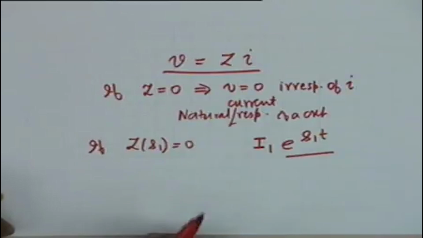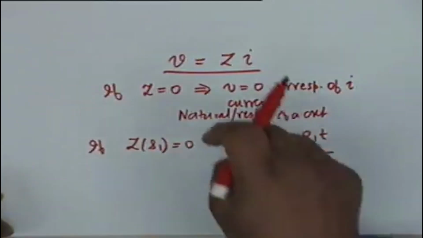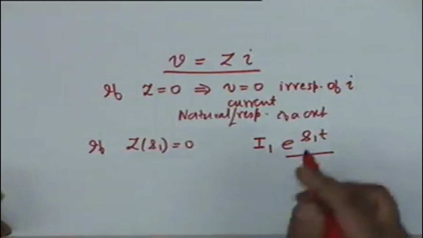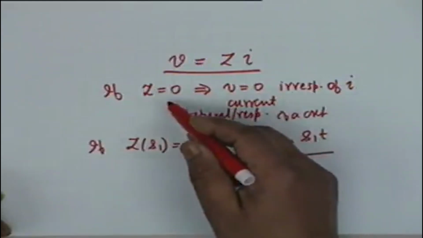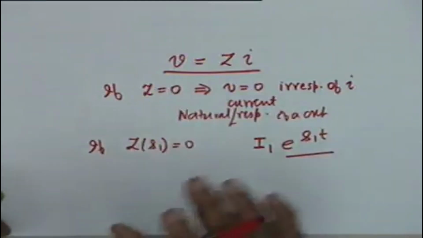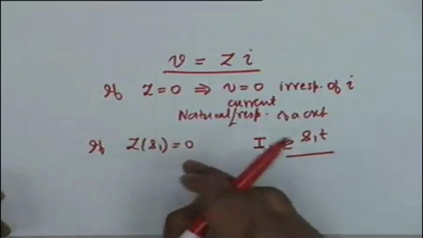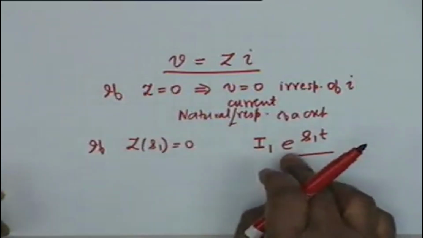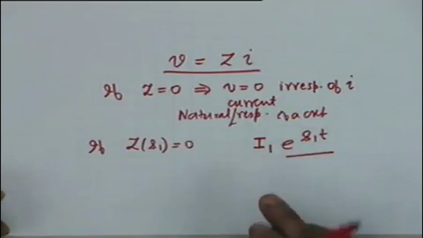And therefore, conceptually it appears that this must be related to the natural current response. The value of S at which the function becomes 0 should occur in the natural current response of a circuit. And S occurs as a power of e, S and T, the product occurs as a power of e.